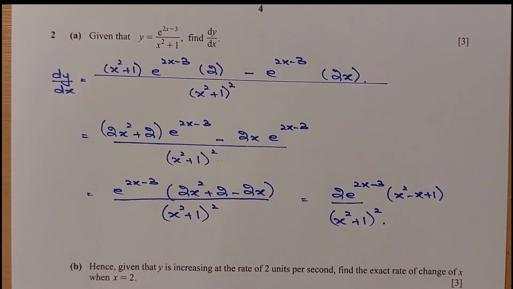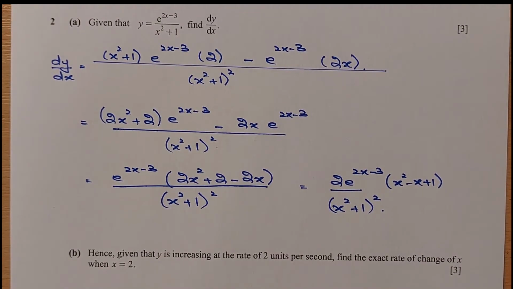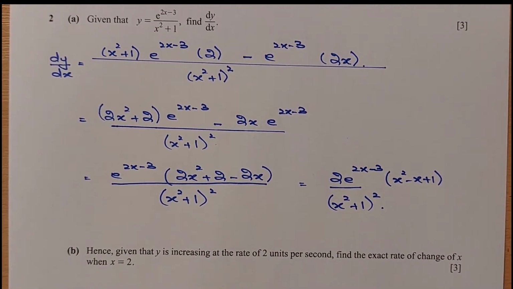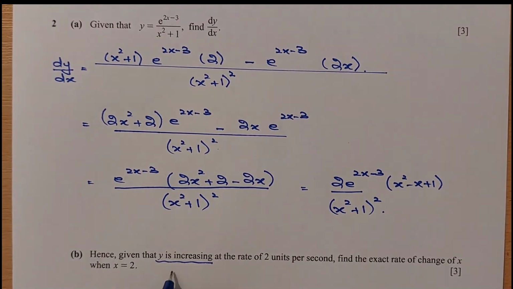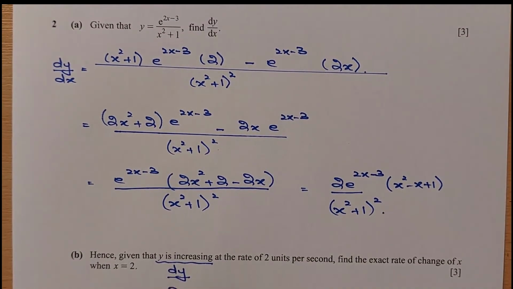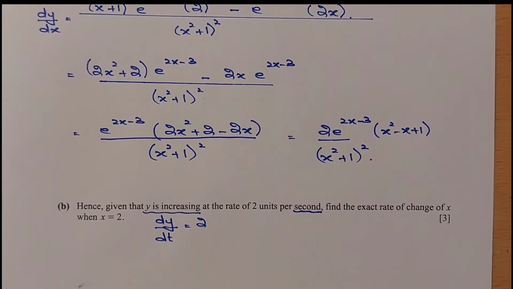Now for the B part, given that y is increasing at a rate of 2 units per second, it means dy/dt is 2, because unit per second, so this second shows the time, right?